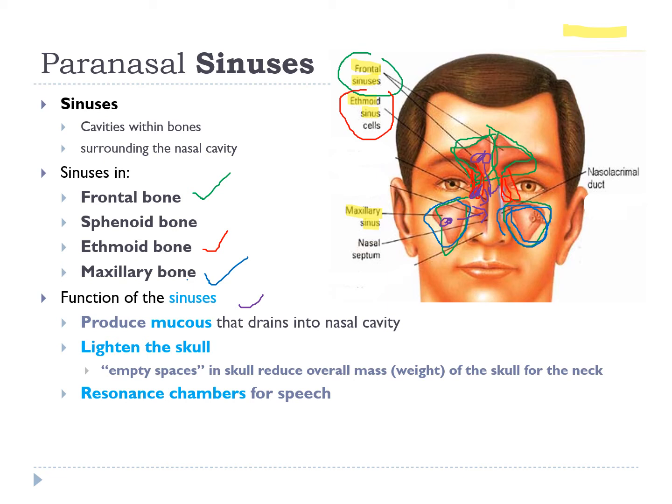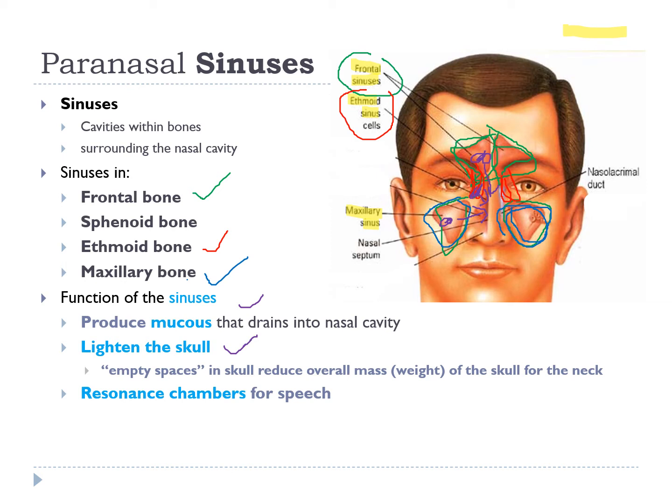Another function is that your skull's actually all bone, and it's quite heavy, which is why we need necks to hold our head up. But these sinuses are hollow, so they help to lighten the weight of the skull.